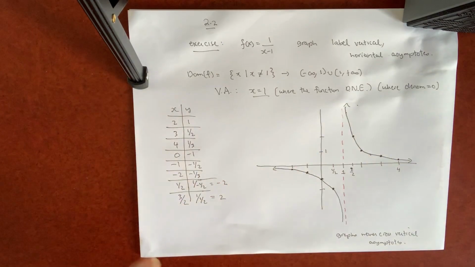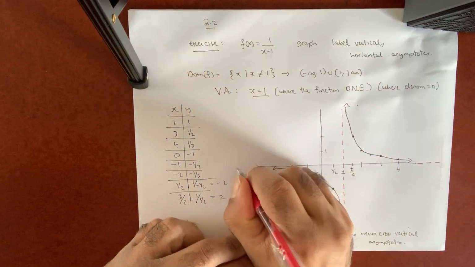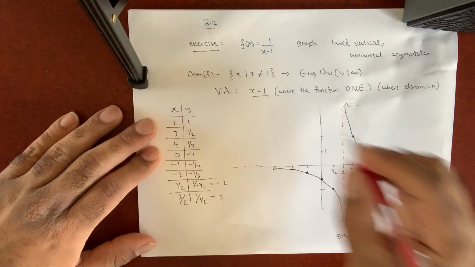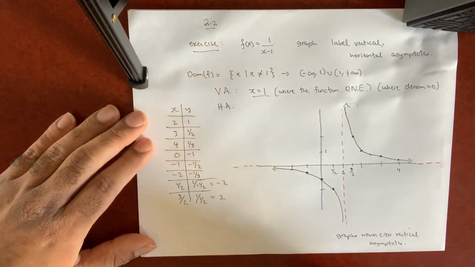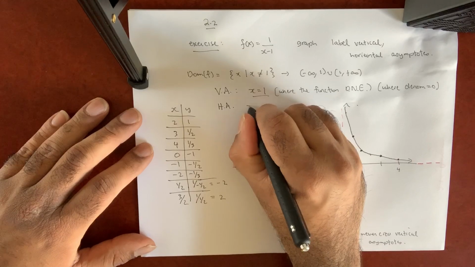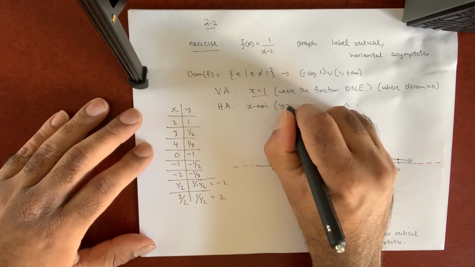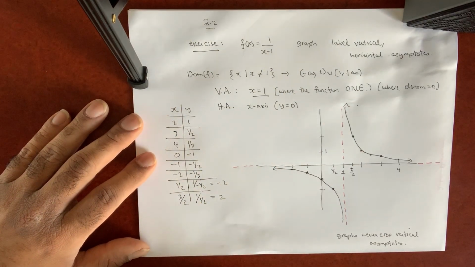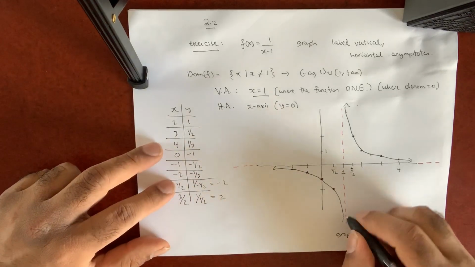So the x-axis is your horizontal asymptote. Horizontal asymptote, HA for short, is the x-axis, or where y is equal to 0. And that's the whole graph. That's everything that we wanted to do for this problem.